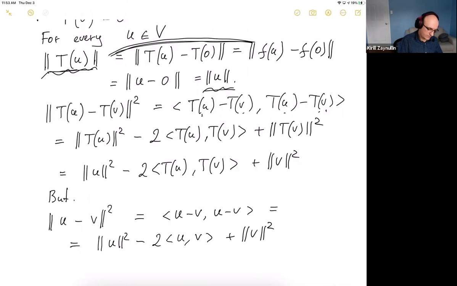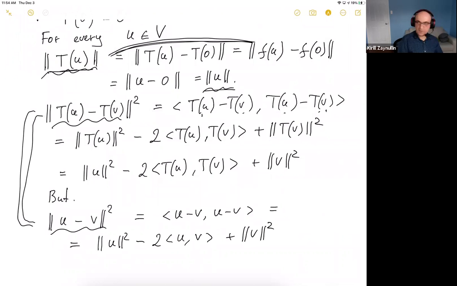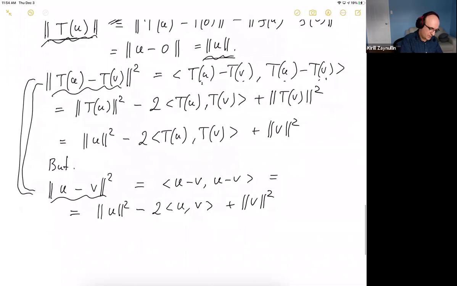Now we can compare this side and this side. Don't forget that t is a rigid motion, so they have to coincide. In particular, the length of t of u minus t of v coincides with the length of u minus v. Comparing these expressions, this expression must be equal to this expression.